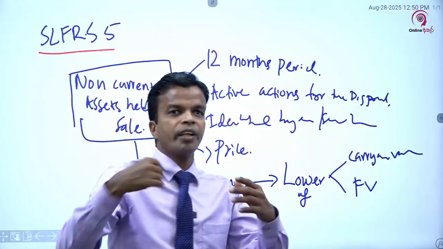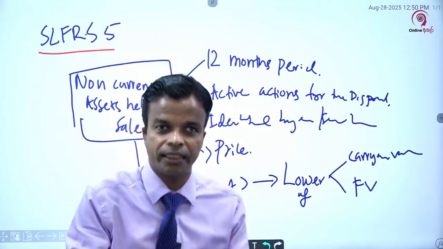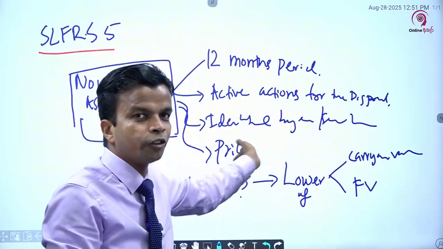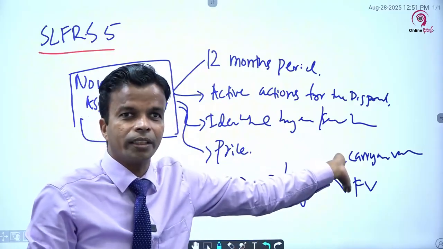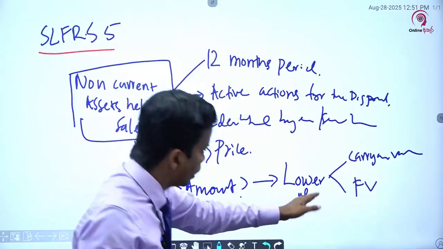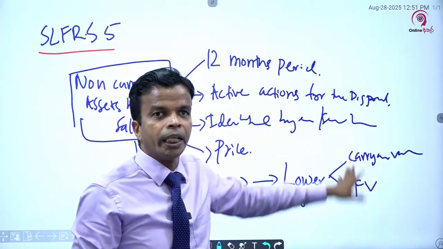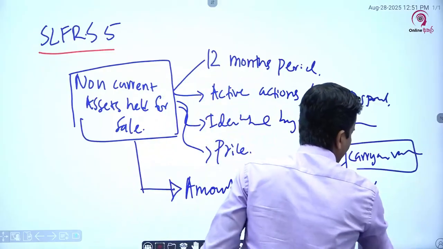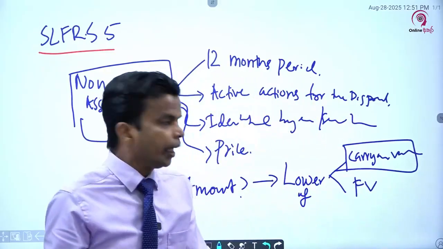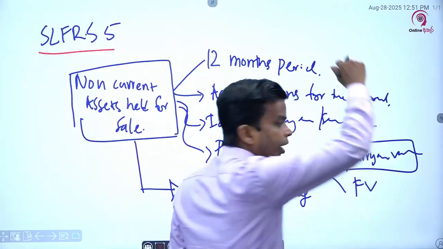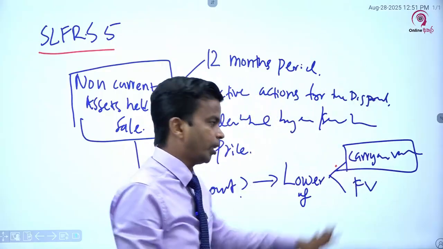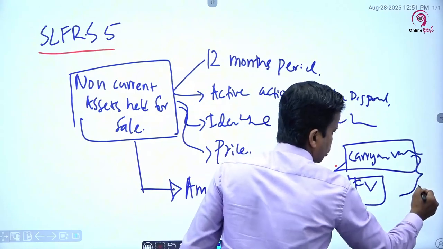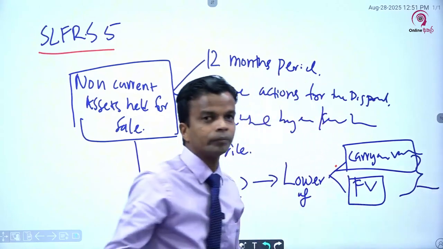So you should do a fair value assessment of the asset which you are going to dispose, meaning the consideration that you are expecting to receive. Compare that with carrying value. If there is a gain, continue recognizing at carrying value. If there is a loss, meaning fair value has come down compared to carrying value, record this amount, and the difference you should recognize as impairment.